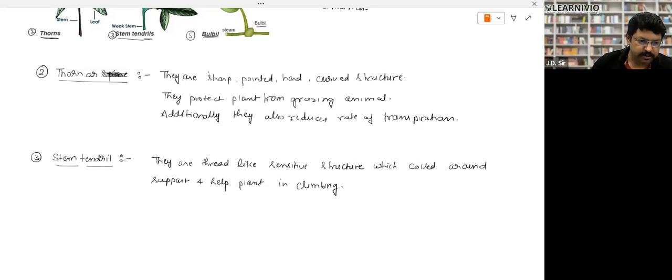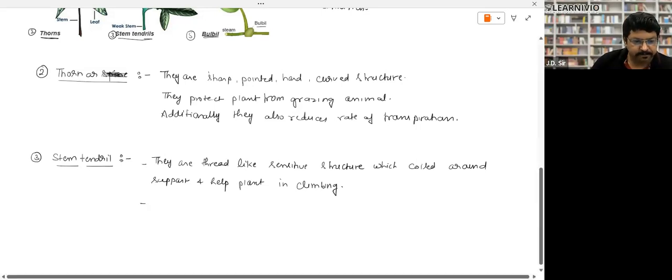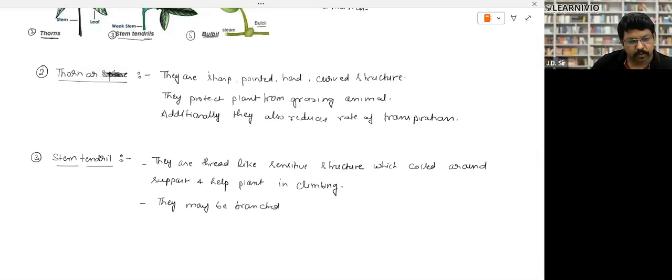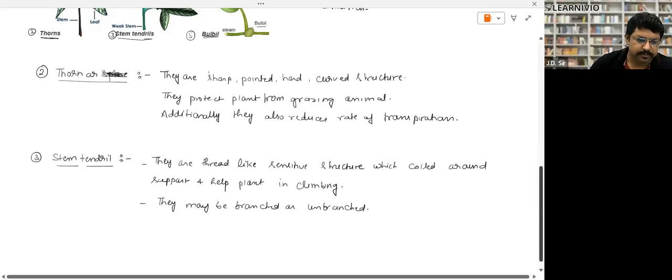Next, they may be branched or unbranched.